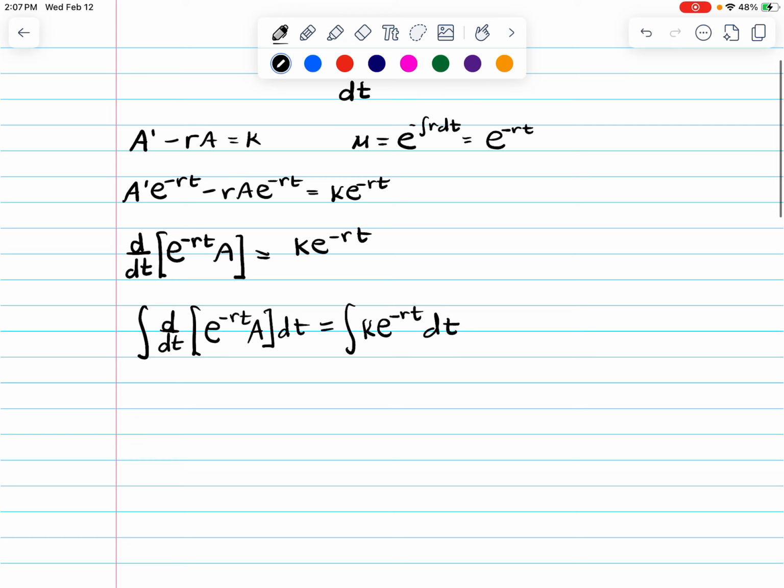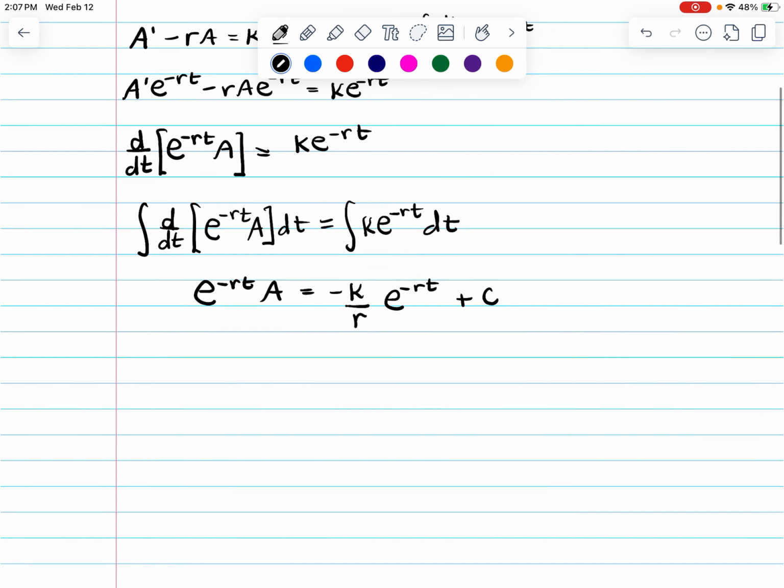So what we get then is e to the negative rt A equals, now this right-hand side is easy to integrate. We're integrating with respect to t, remember. So this is going to be negative K over r e to the negative rt plus a constant. Got to remember that constant over there.